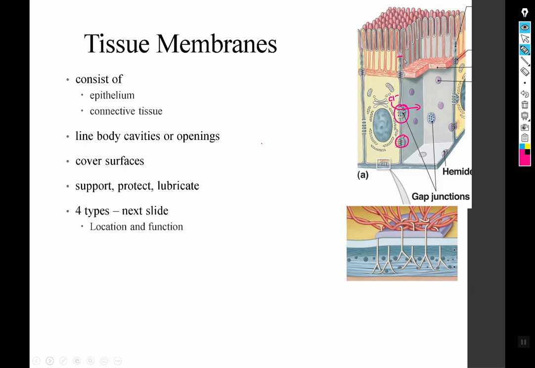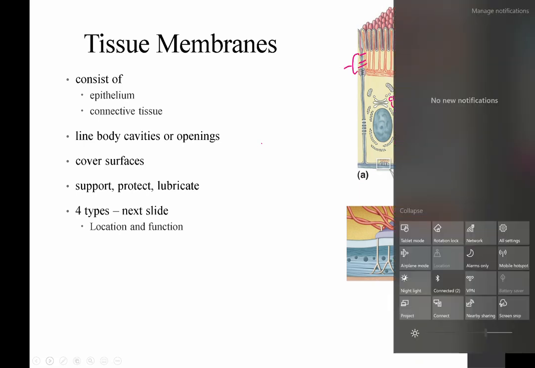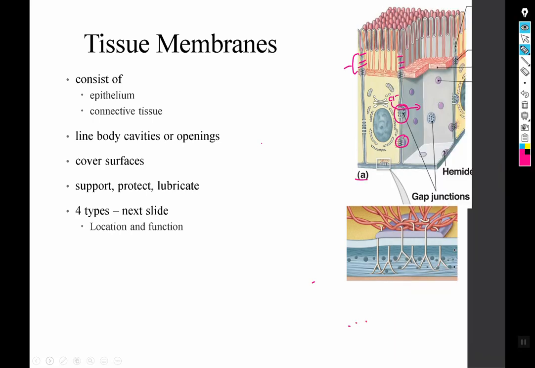So these are going to be tight junctions, which basically prevent things from passing between cells. So all of these kinds of cell junctions are going to give the membrane of the tissues the structural integrity that it has.